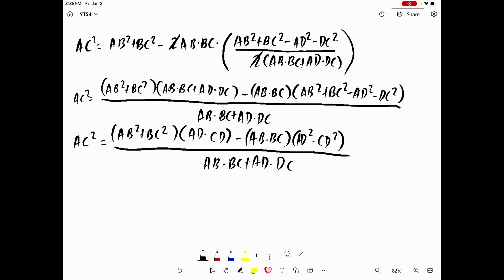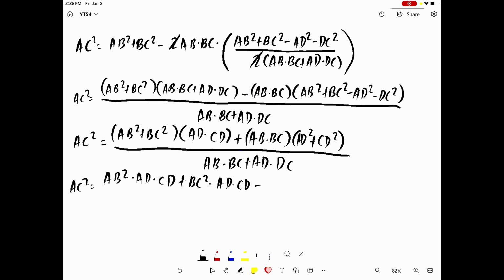But what we've got to do now is distribute. So AC squared is equal to AB squared plus AB squared times AD times CD plus BC squared times AD times CD minus, give me a second. If you have AD squared minus plus CD squared, you should have plus over here.